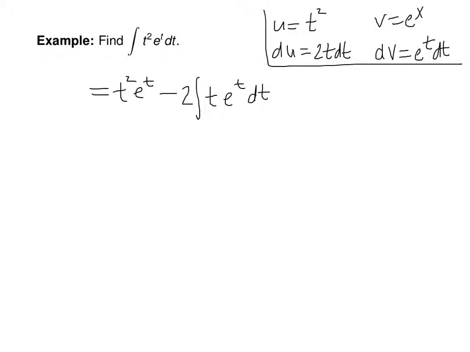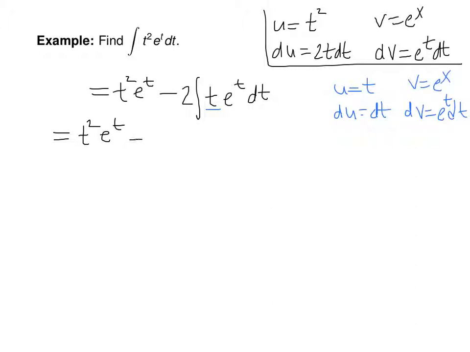And the second integral still isn't something we can evaluate without using integration by parts, so we have to use parts again. And when we do that, we're going to let u equal t, du will equal dt, dv will equal e to the t dt, and v will equal e to the t.